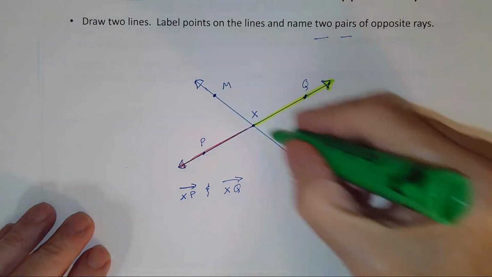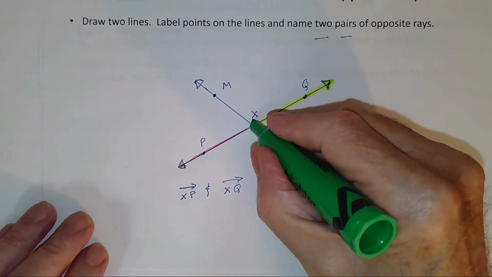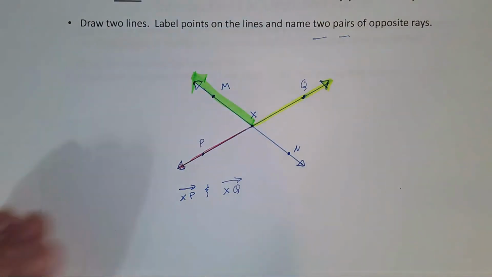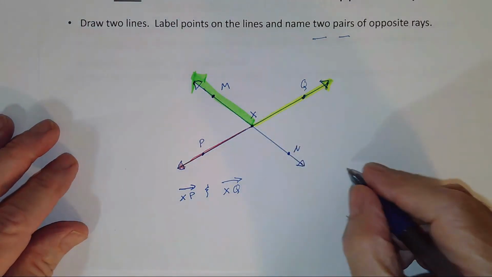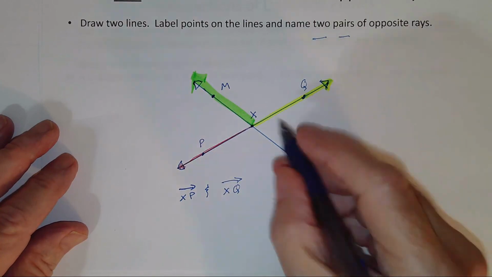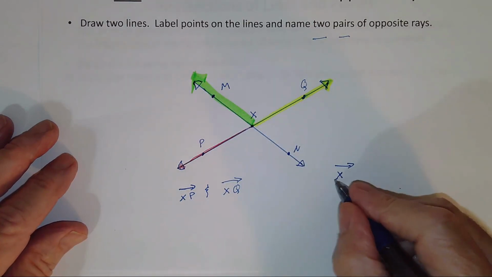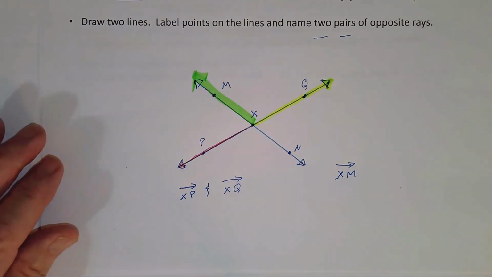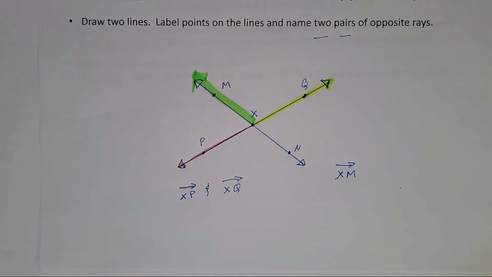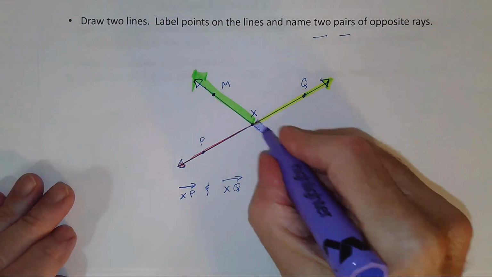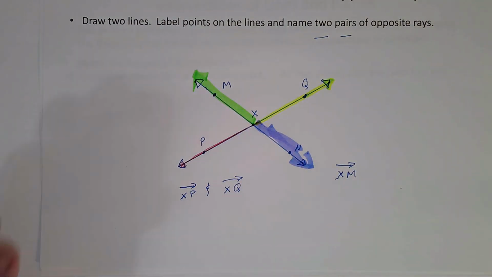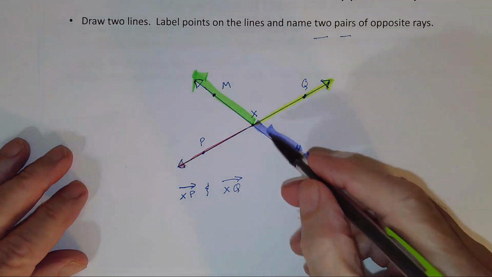All right, and then over here, I've got this other line, MN, and X is the midpoint. So we're going to draw a ray over this way, and so that's got to be ray XM. Okay, and then we've got one more ray on that line, and I'll use this. Whoops, got messy there, sorry about that. And so that's ray XN.